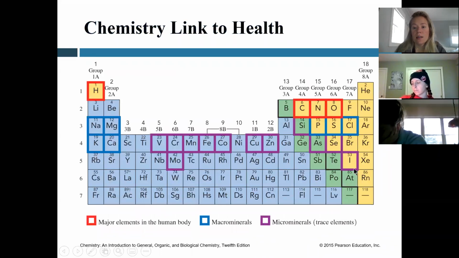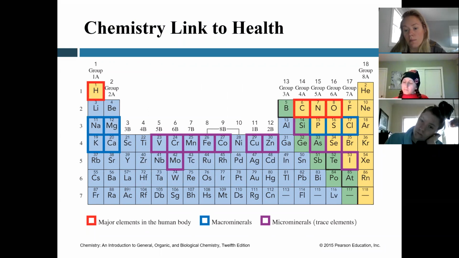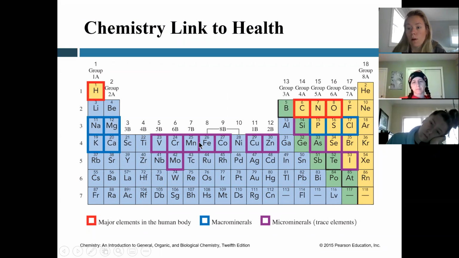Here you can see the things that are essential for our bodies. There are these things called microminerals or trace elements that we do have in small quantities. So we do have small quantities of iron in our system and cobalt. We don't want to have those in really large quantities though. And then all this other stuff is just not something we want to have in our bodies.